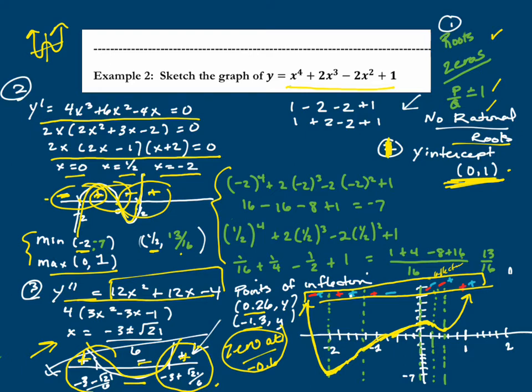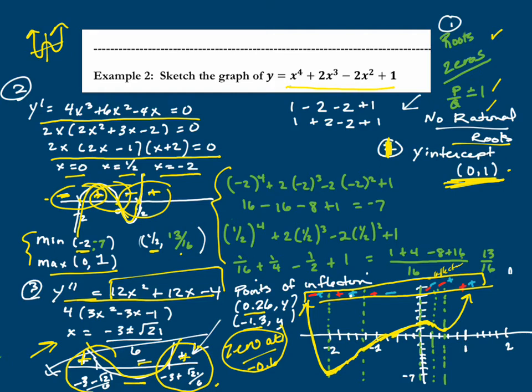And then we use our 2 sign charts and we do a double sign chart. So before -2, if you look at the first sign chart, it was negative. And then between -2 and 0, it went positive.